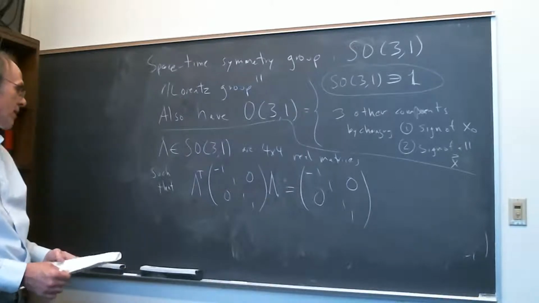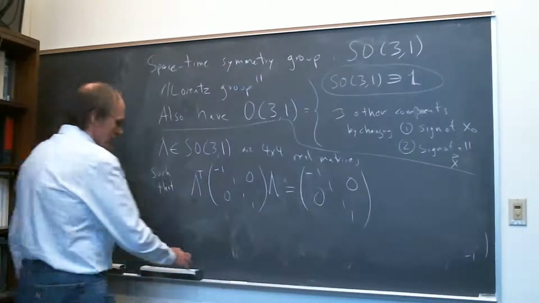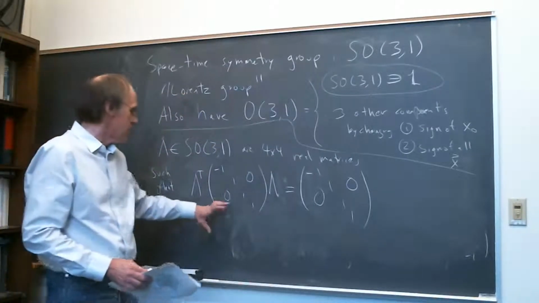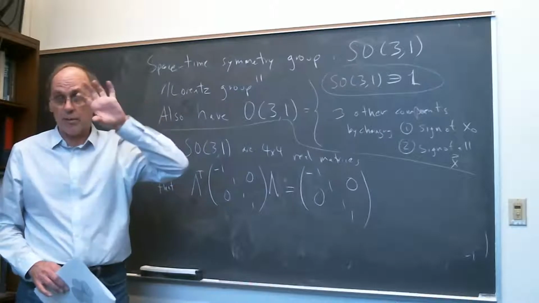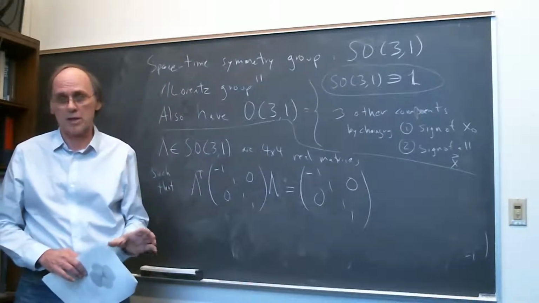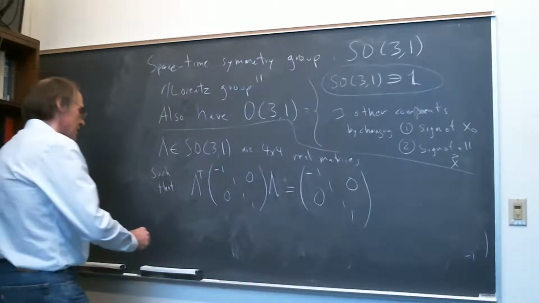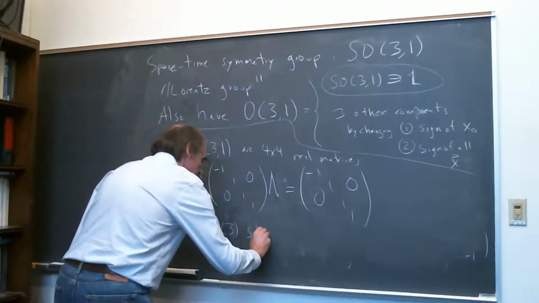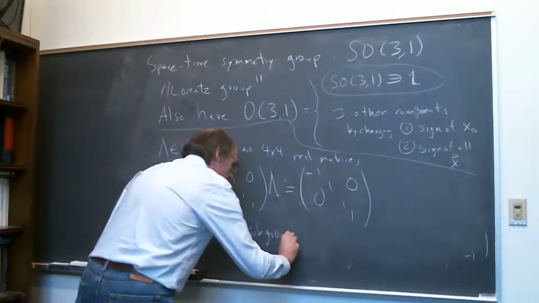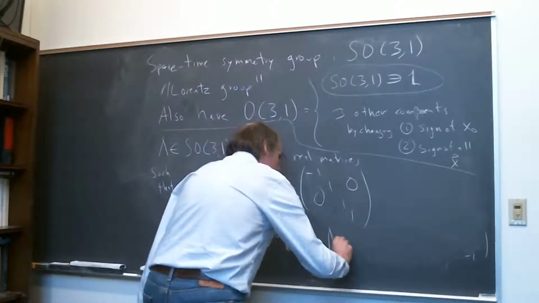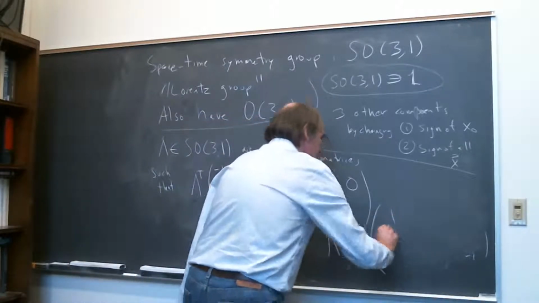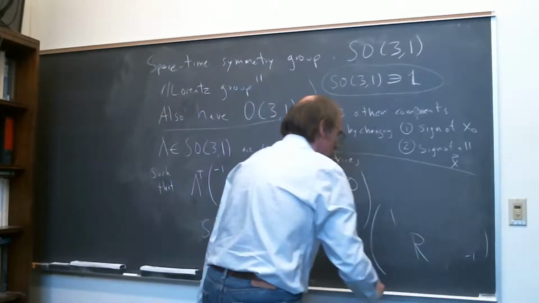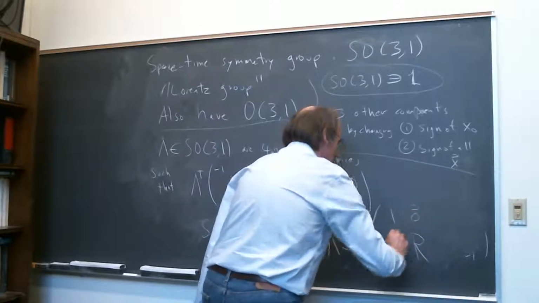If you want to think about these, a good way is to think about a subgroup of these that you actually understand. So there's an SO3 subgroup. You take things of the form where you just leave time alone and do a spatial rotation.